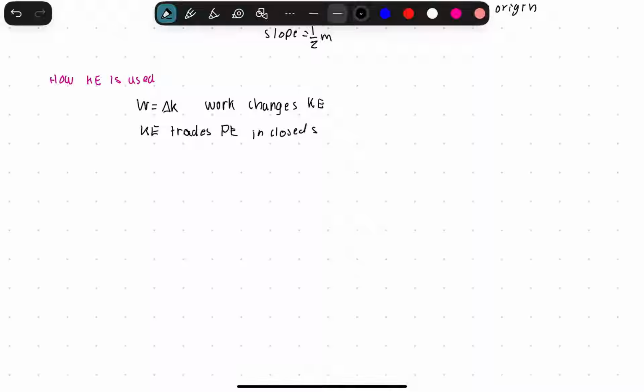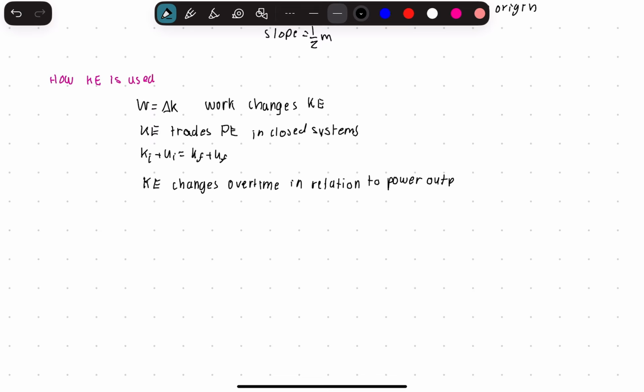Also, according to conservation of energy, K initial plus U initial is equal to K final plus U final. And according to power, kinetic energy changes over time in relation to power output.